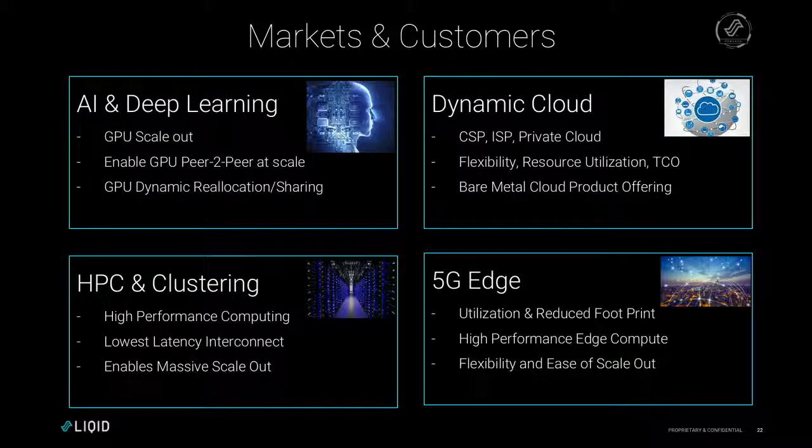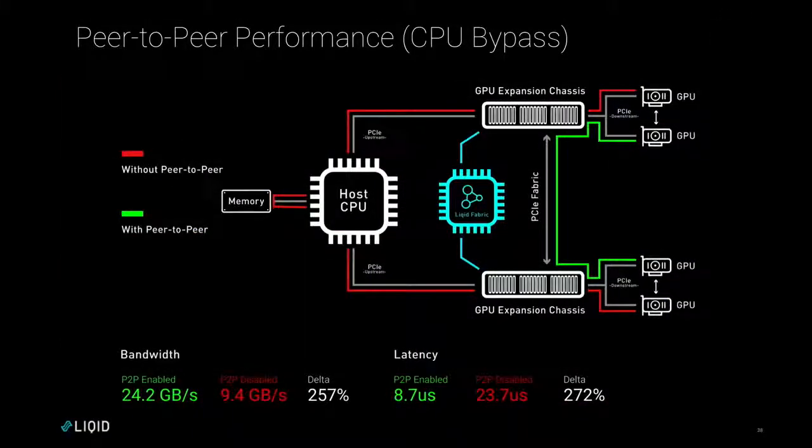The idea here is in a normal environment, when GPUs are communicating with each other, they're going through the x86 processor, doing multiple memory copies, and GPU number 1 and GPU number 4 communicate with each other through the x86 processor. When we enable this peer-to-peer capability, we can allow these GPUs to DMA amongst their memories directly and bypass the x86 processor.